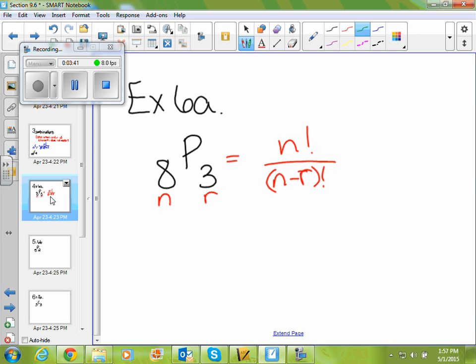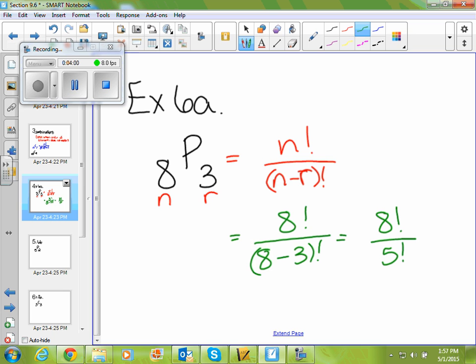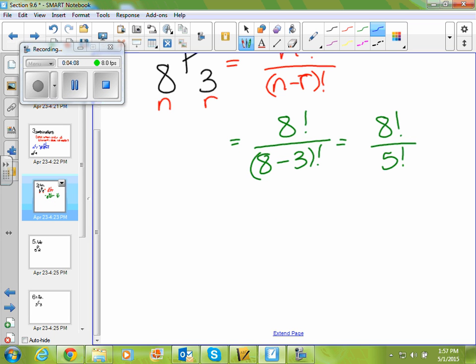So if I plug all that in, then I end up with 8 factorial divided by 8 minus 3 factorial. So if I simplify, 8 factorial stays the same. 8 minus 3 becomes 5 factorial. 8 minus 3 is... 6? Oh, 6. I'm like, I'm missing something.